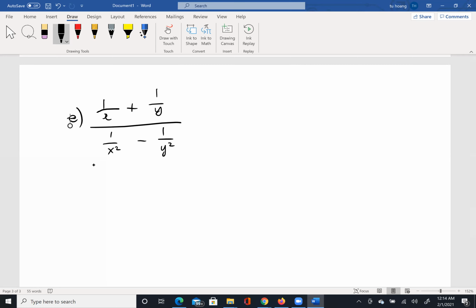So you need to find the LCD. The LCD for the top, in this case, is x and y, because you see the top is just x and y, right?